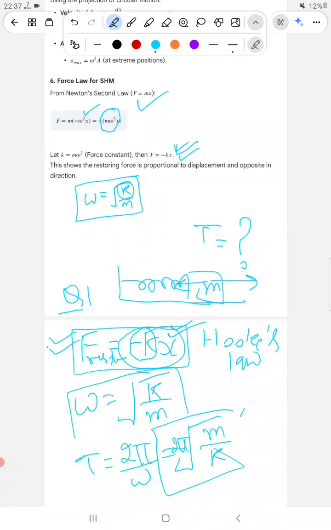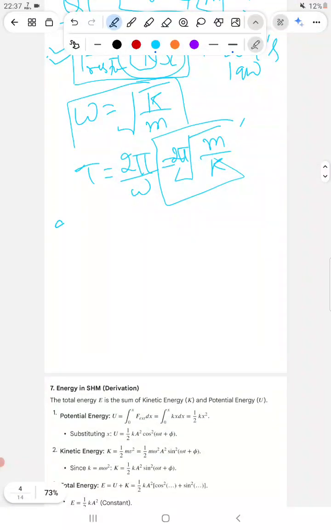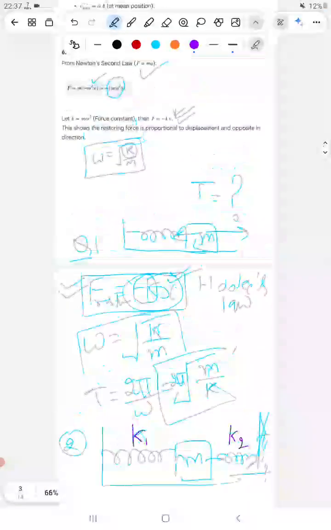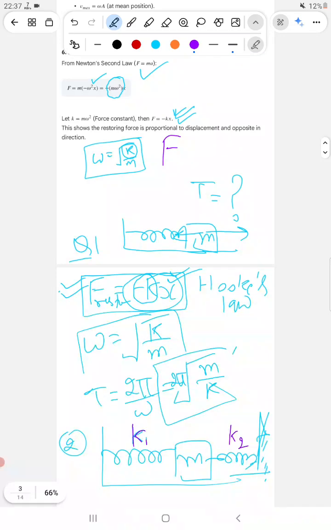Now the second question which can be asked is, if the block is connected between two springs, one end of each spring is attached to a fixed wall, and the other to the mass m. These are two springs, one of whose spring constant is k1, and the other k2. Dear students, don't be confused about what we are using this k for.